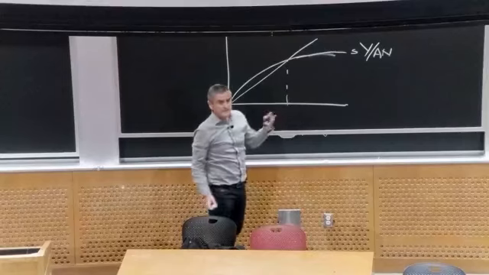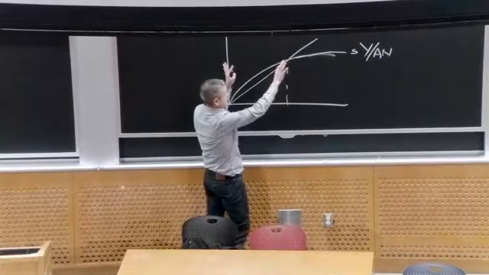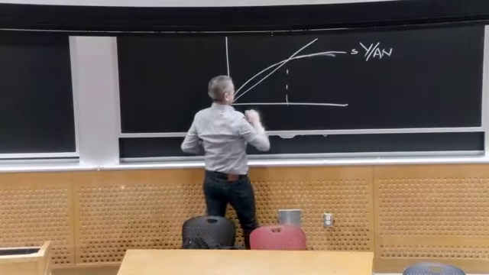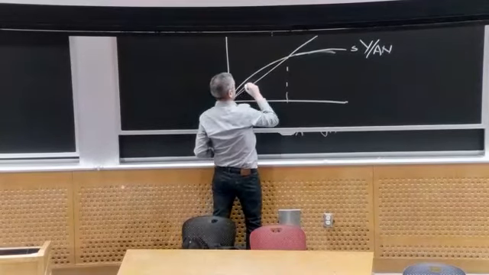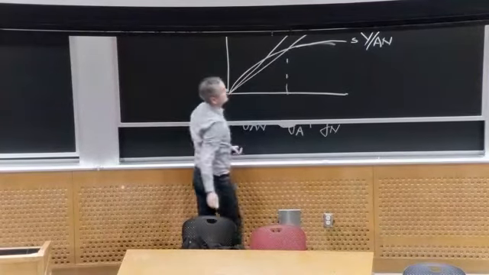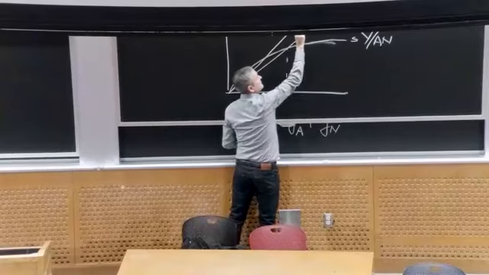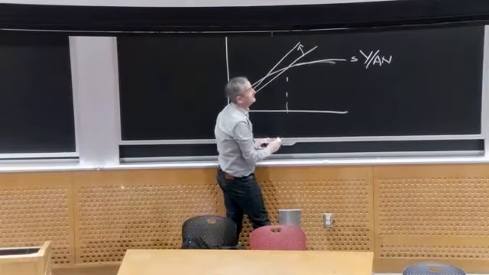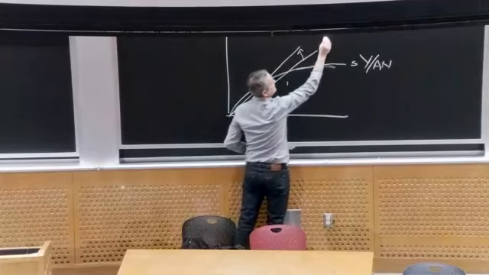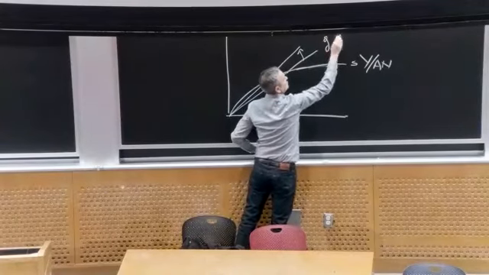If I increase GA, the only thing that will move here, and remember the output equation is there, but I don't want to put it, the only thing I do is I rotate this curve up. Okay, so this moves up. Do you see? Right? Yes. So this curve moves up when GA goes up.